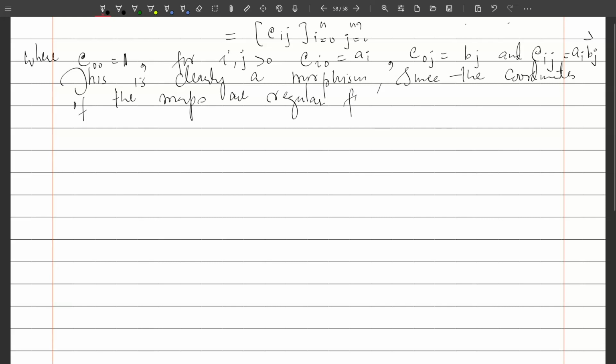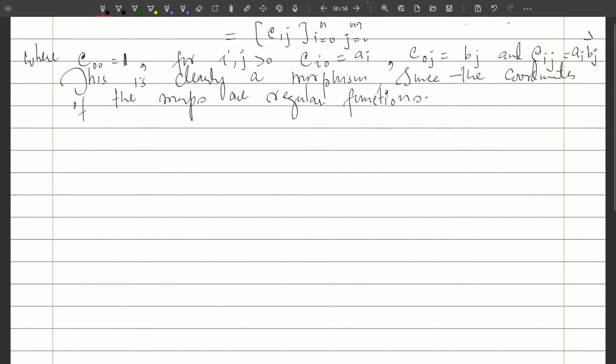We know a function is regular if it is given by polynomial functions. Now these coordinate functions are of course polynomial functions and hence regular. So this proves that the map sigma ij is a morphism. Now to prove it is an isomorphism, we have to exhibit its inverse, and we have to prove that it is a morphism as well.